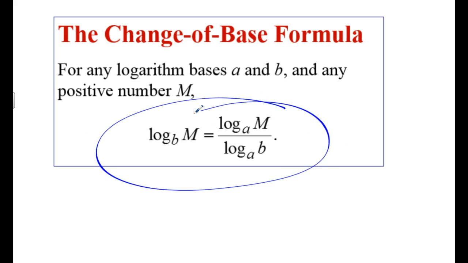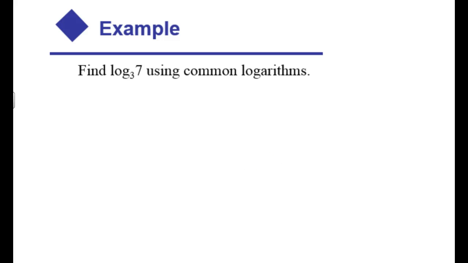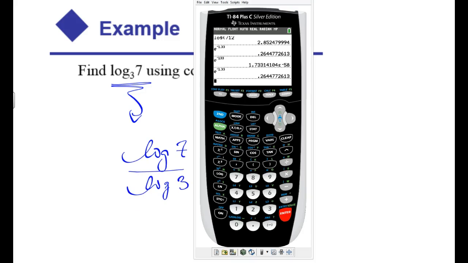which says the log of m divided by the log of the base. So for example here, I could rewrite this as the log of 7 divided by the log of 3. And to type that in, I'll make sure I close a parentheses after the 7. If I don't, I'll get a wrong answer.